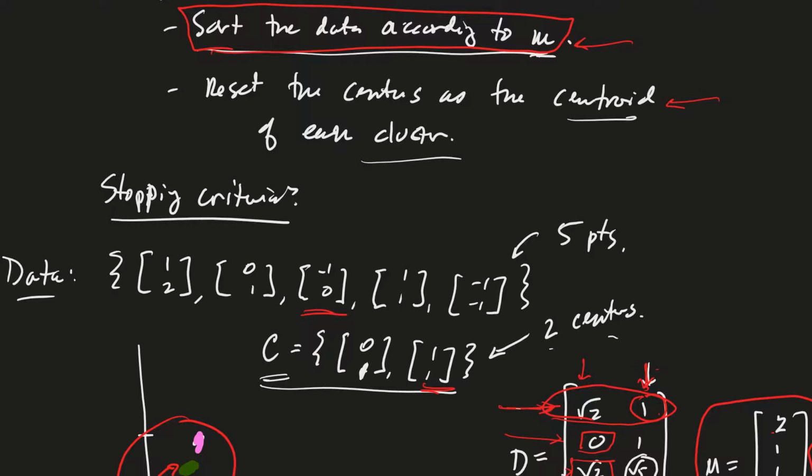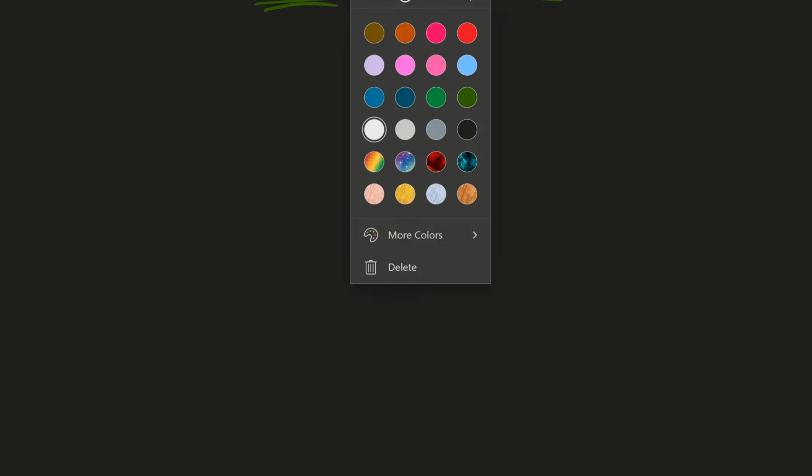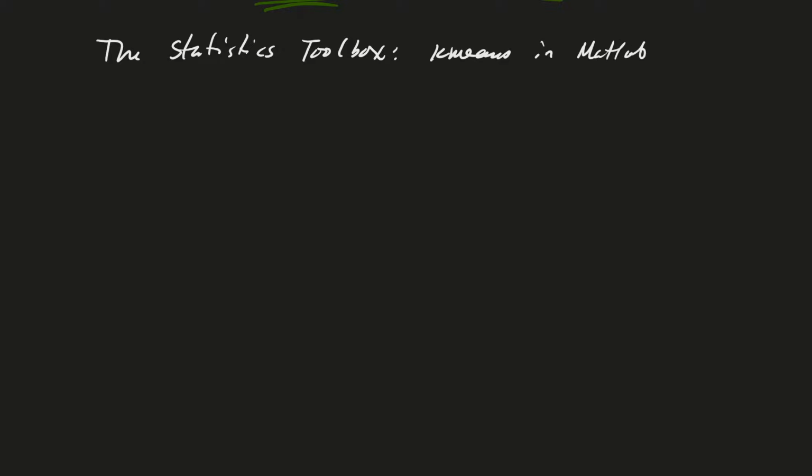For now, I think this might be a natural place to stop in the notes because there's a couple of coding issues that are going to be coming up. How do I do this in Matlab and Python? So just to let you know where things are, the statistics toolbox is where you'll find the k-means in Matlab.